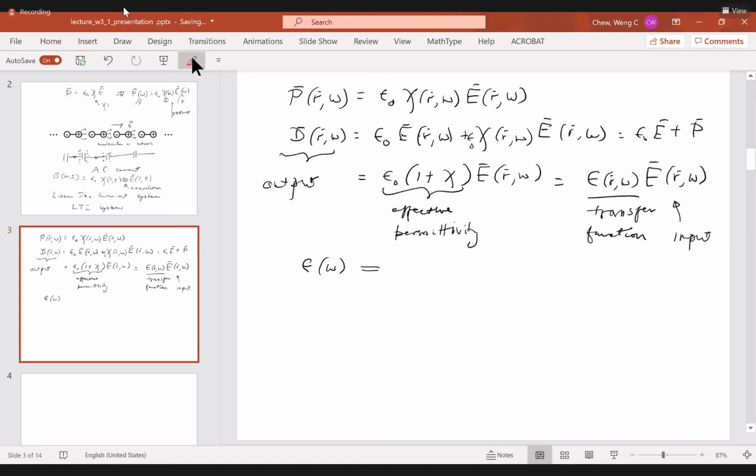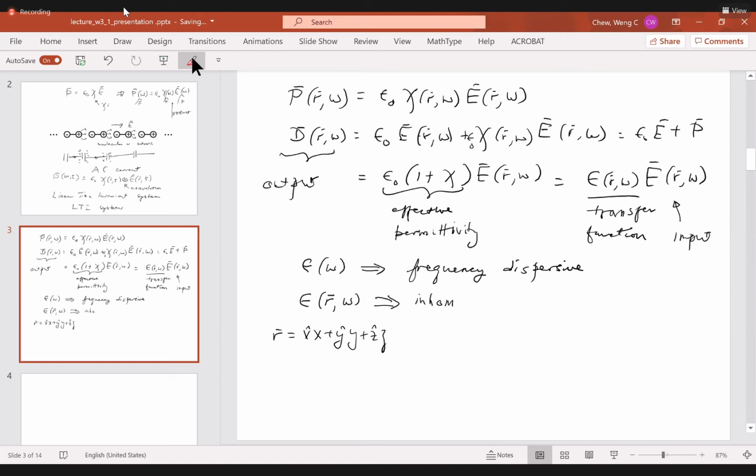And when epsilon is a function of frequency, we say that the medium is frequency dispersive. However, if epsilon is a function of position, where r is the position vector, it means that it's an inhomogeneous dispersive medium.